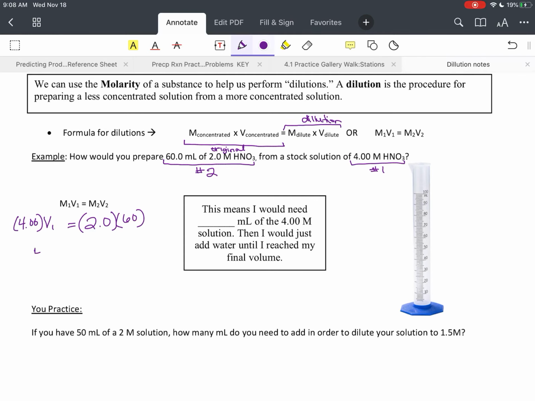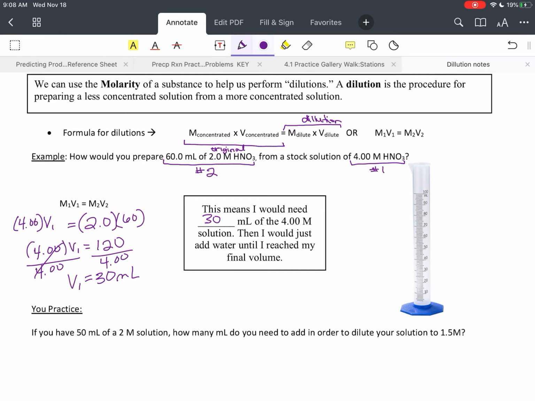So I'm just going to solve. 4 times V1 equals 120, and then I'm dividing by 4. So my volume is going to be 30 milliliters. This is saying that I need 30 milliliters of this 4 molar solution.